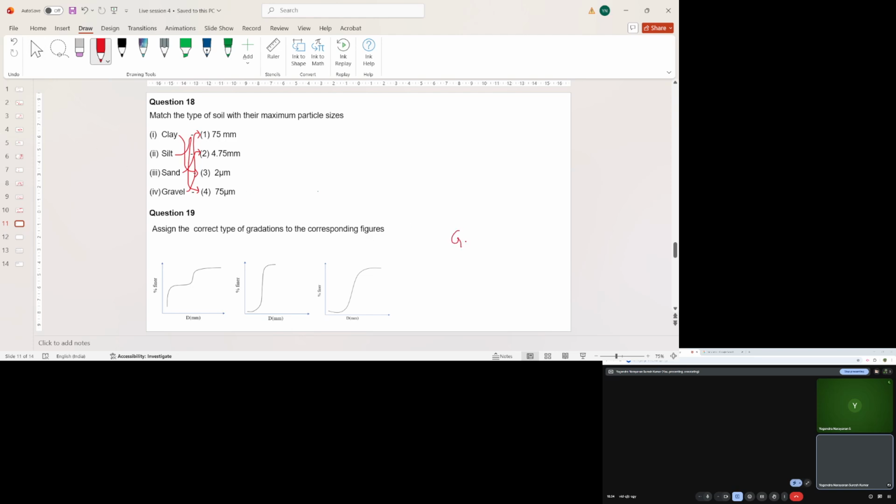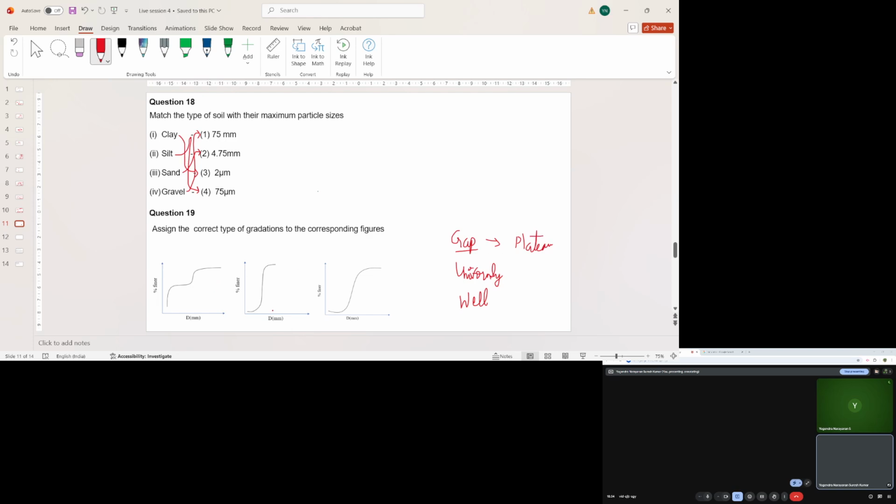Gap graded means the variation of the particle size is uniform, but there is no presence of a particular size, which causes a plateau in the curve.